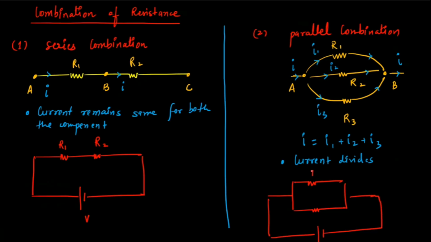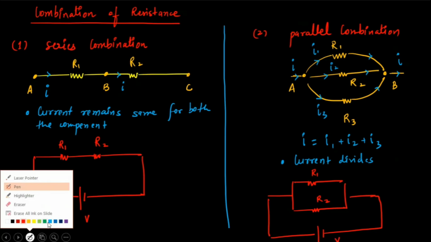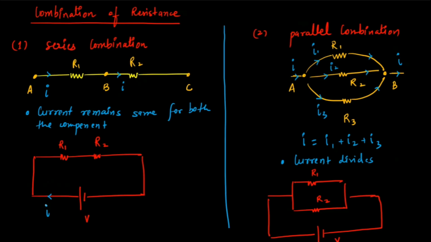Here R1 and R2 must have some values, and this is going to be the potential, but the value of current is going to be different in both cases. Here, I assume it should be I for both the resistors, but here it is not going to be I. It should be some different value. I can say I1 or I2.